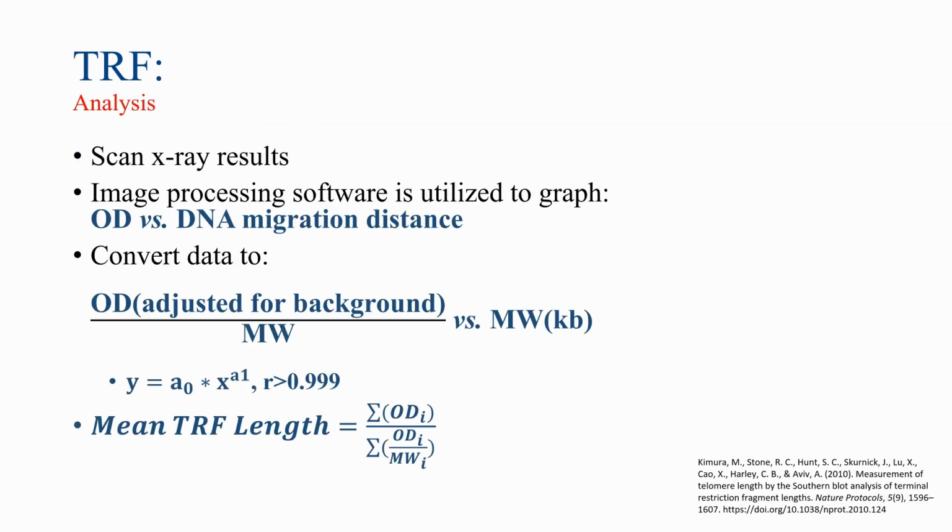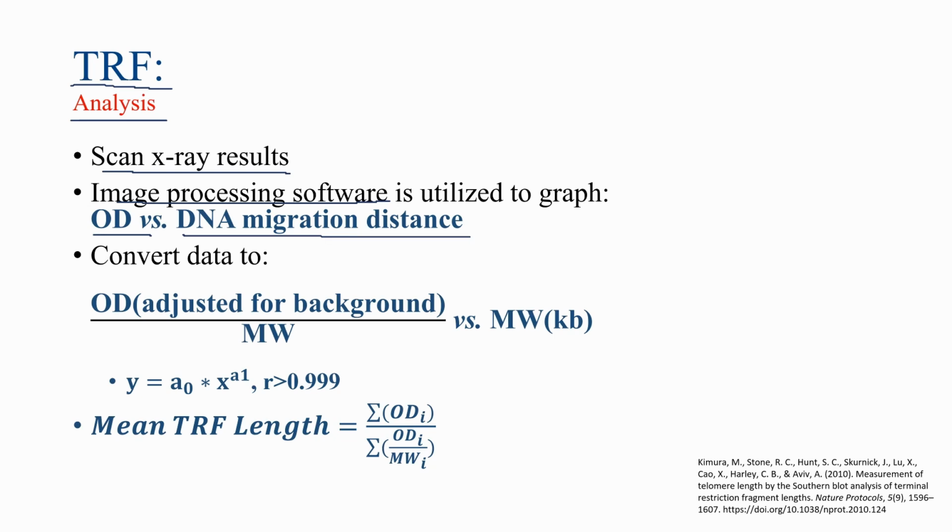And once you've concluded your Southern blotting, the next step is the analysis part of your TRF. You will scan your Southern blot and you will perform an image processing step via particular software to graph the optical density versus the DNA migration distance.